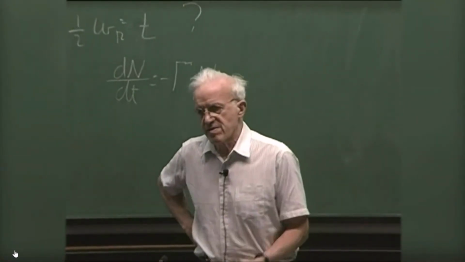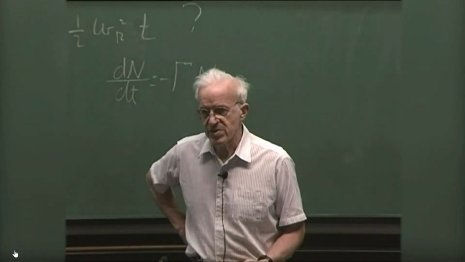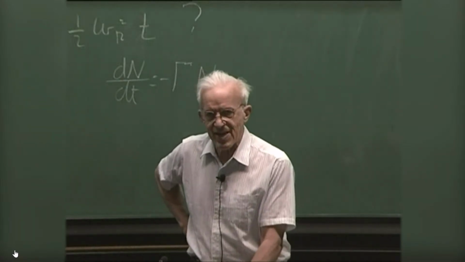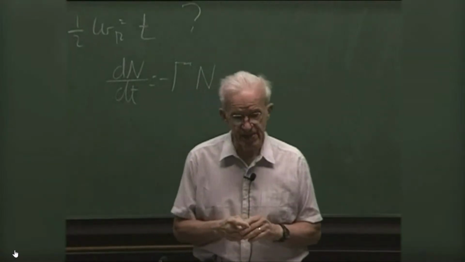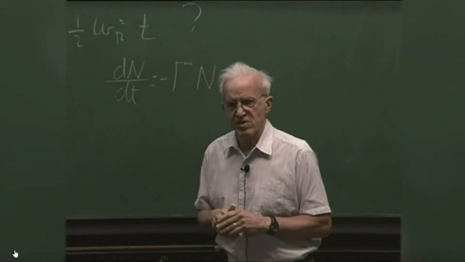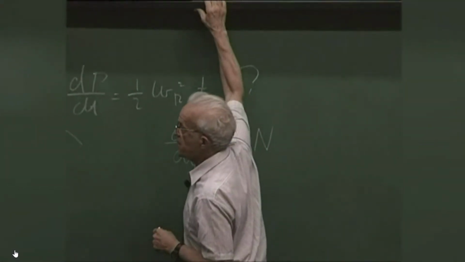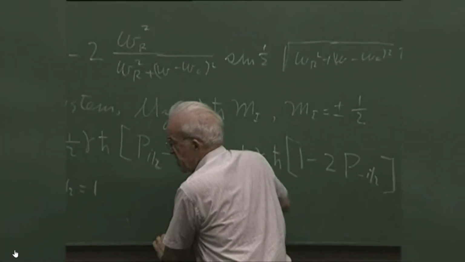Now, a lot of this gets into details, and I don't want to bore you too much with details. They are in the notes that will be handed out, so I'm going to skip some of them, but I would like to outline it. What I'd like to do is start with the granddaddy radiation problem, the problem of blackbody radiation. Famous problem.